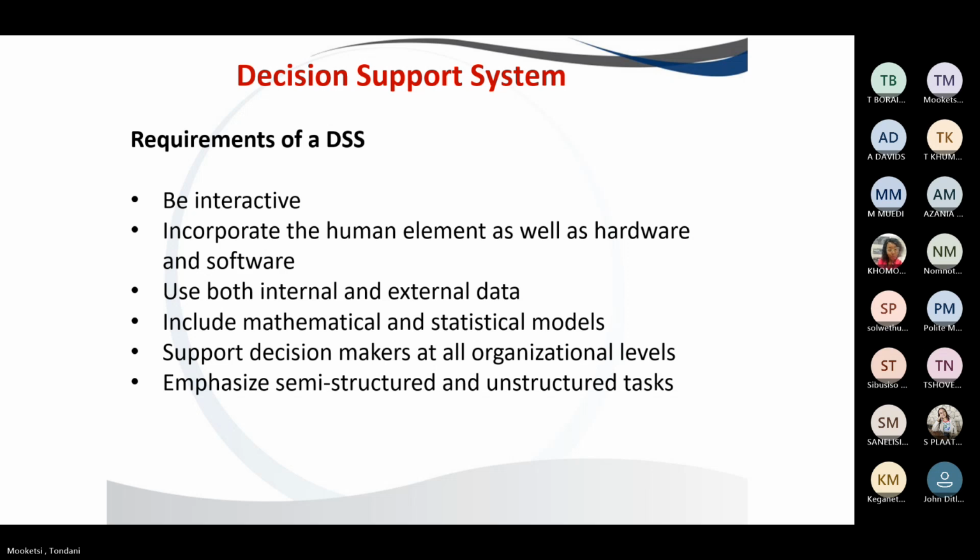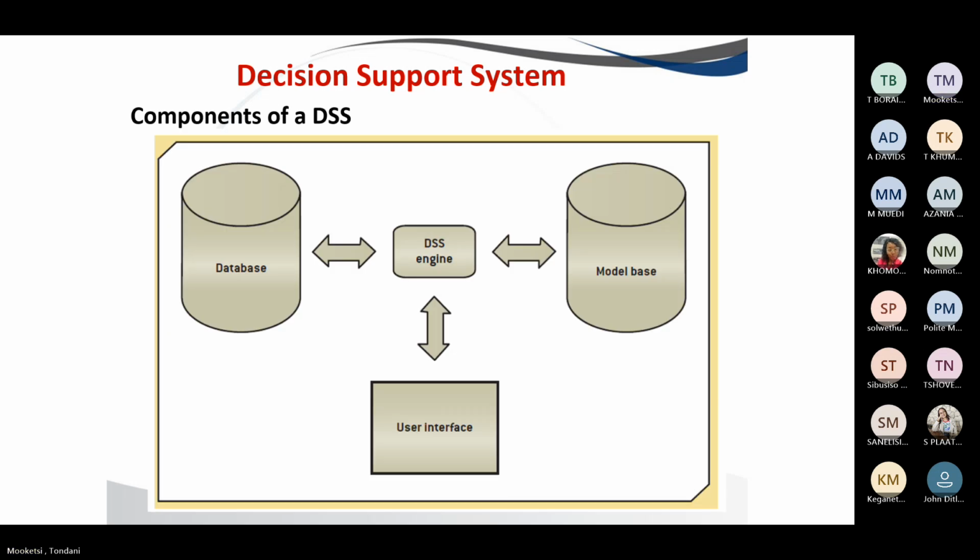Okay. So we said the decision support system must be interactive. So for any system to be interactive, it needs to have a user interface. So that is how the users interact with that system. In this case, the decision support system is made up of the database, the decision support engine, the model database, and then the user interface.